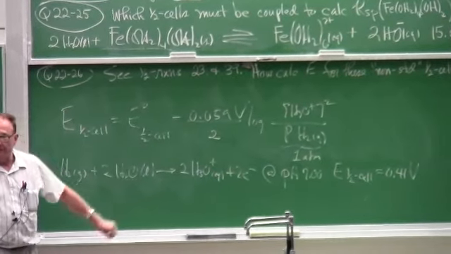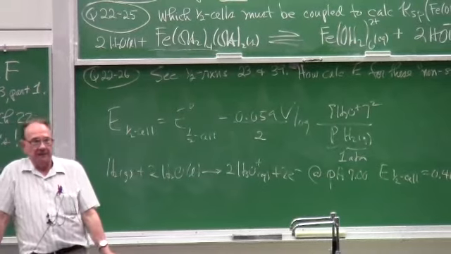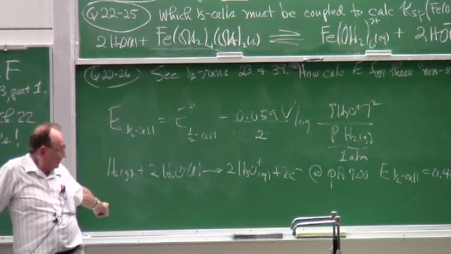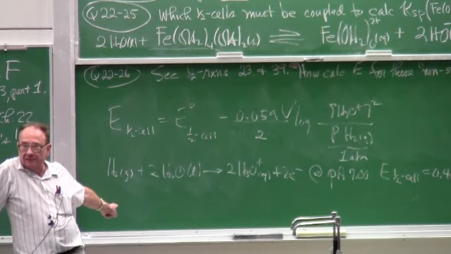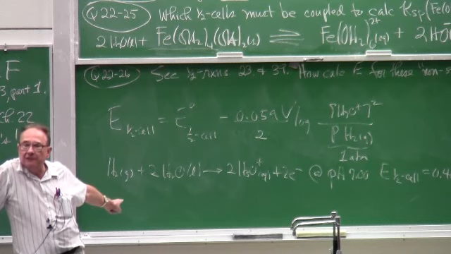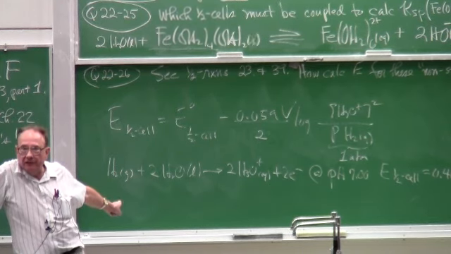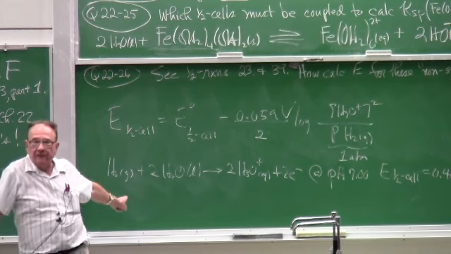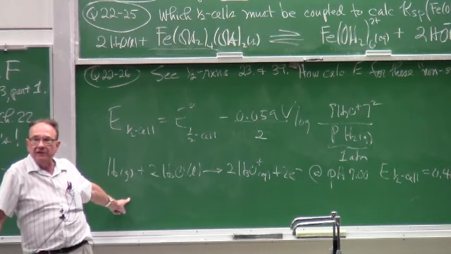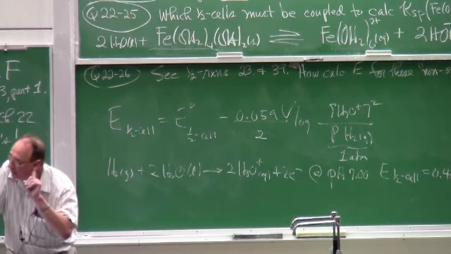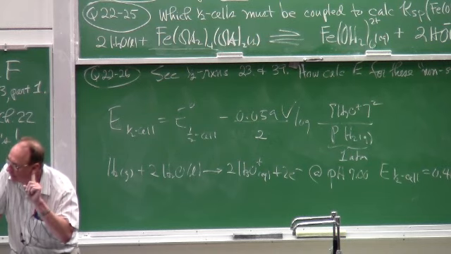What's E0 half cell, pardon me. All you got to do is to look at this half cell reaction and imagine it to be conducted under standard state conditions. And in so doing, you will find out that for this half cell, at standard state conditions, E0 is how much? How much? 0!